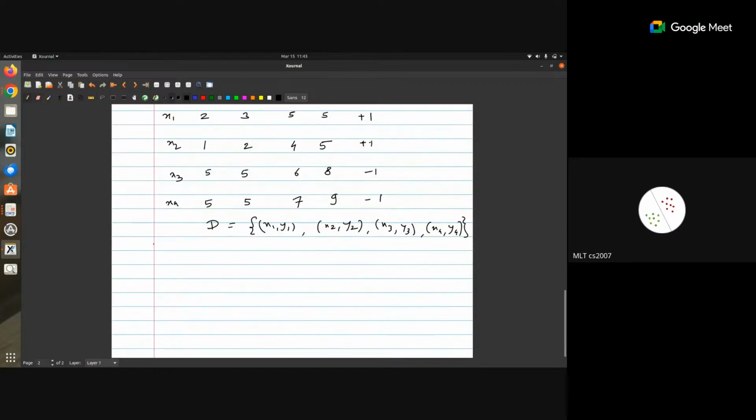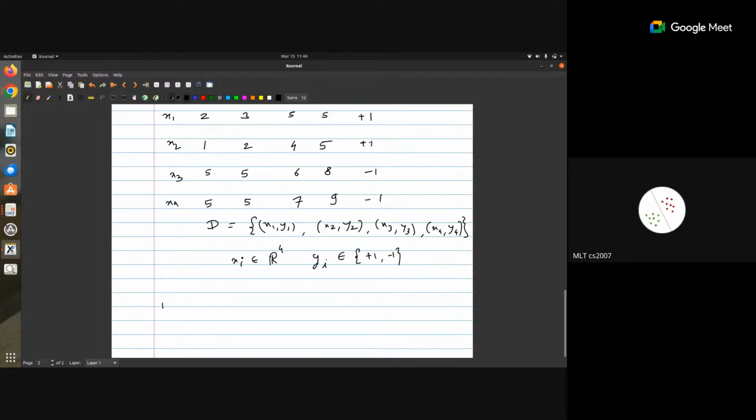Now each x_i here is of 4 dimensions, right? And y_i is either plus or minus.